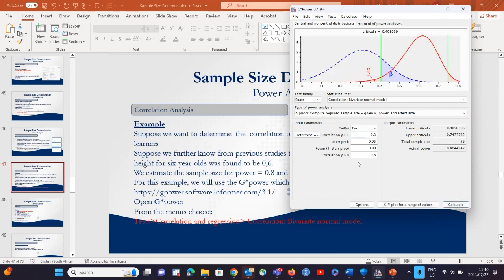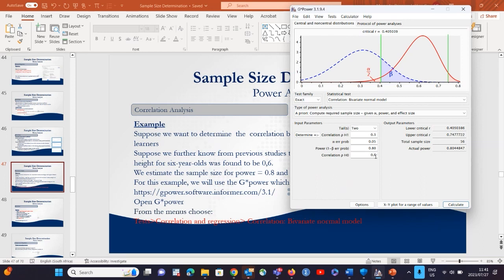Yes, so the 0.6, we will specify it here. So in terms of this, remember, it's based on what we specify. If from previous studies the correlation was 0.7, then we would put 0.7. If it's 0.2, we would put 0.2.